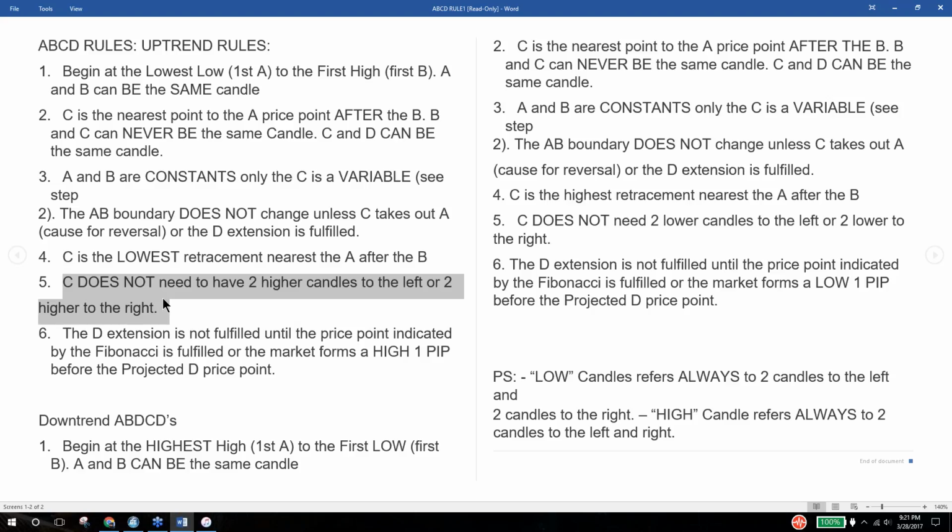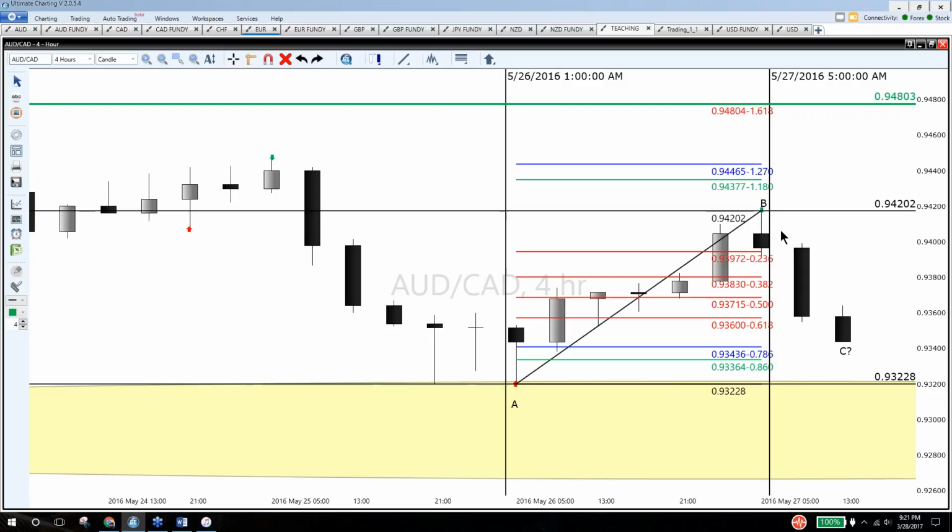Now, as I mentioned, we're going to be looking at the depth of the C. Based on the depth of the C, we just determined it's not yet a 786. So it's still a 618, the projected D target. Where the market should go, the projected D is here.